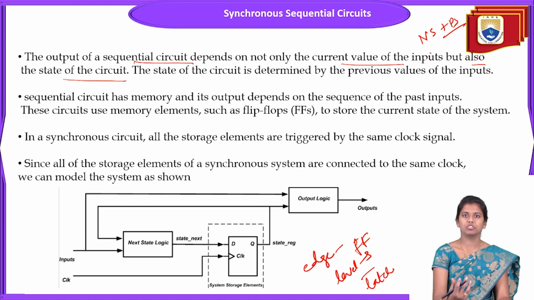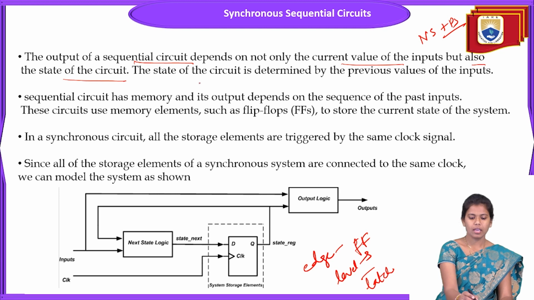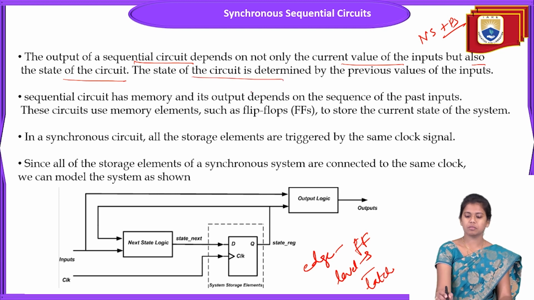The data accumulated in that register consists of the next state information and the present state information, and we call such a register the state register. The output in sequential circuits is drawn with respect to the present state as well as the present inputs, and the state of the circuit is determined by the previous values of the input.